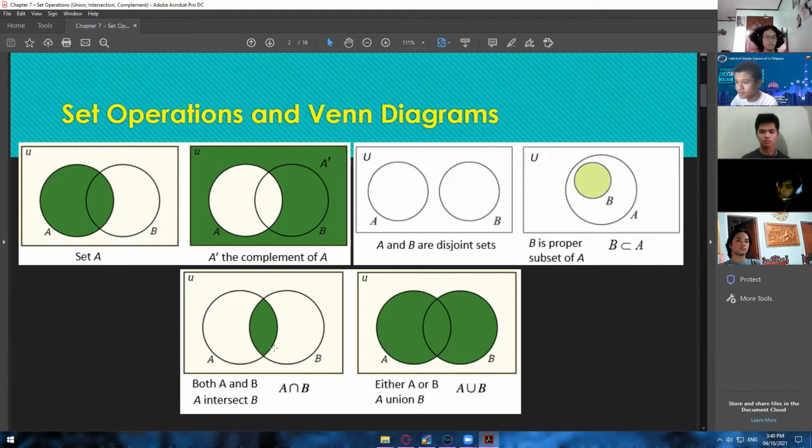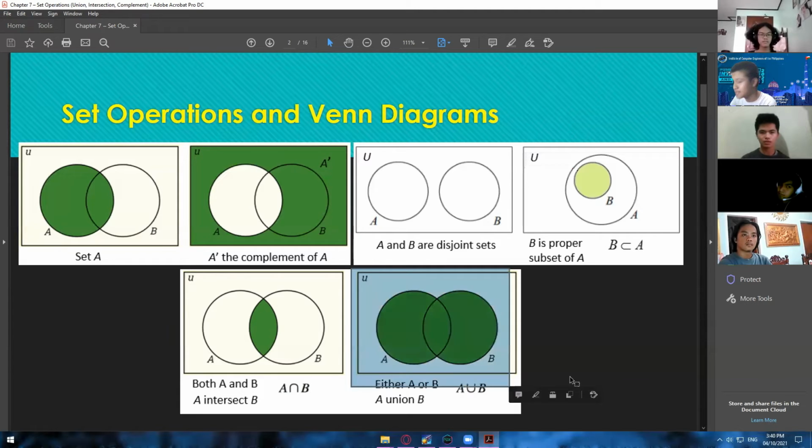The next one here is the intersection. So both A and B: A intersect B, using the symbol of intersect, then B. Meaning we are only getting their common elements, so this is where we put their commonalities.